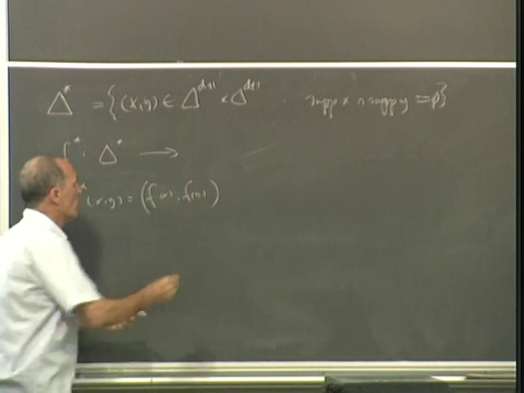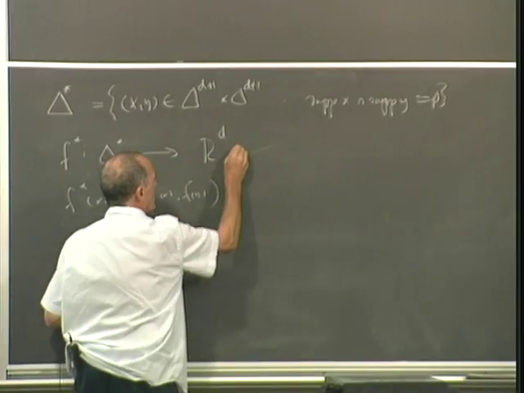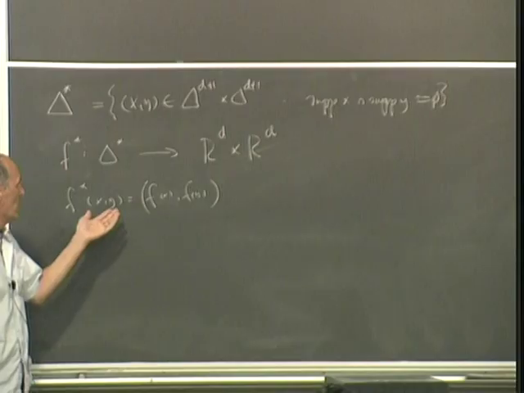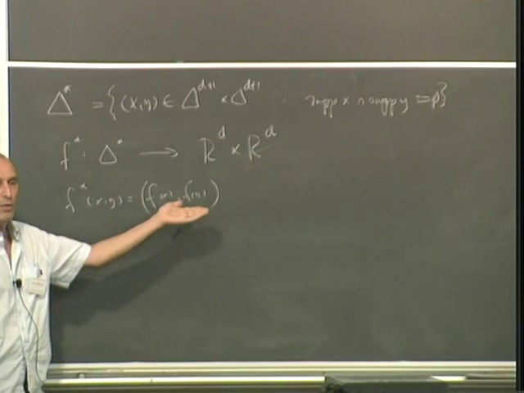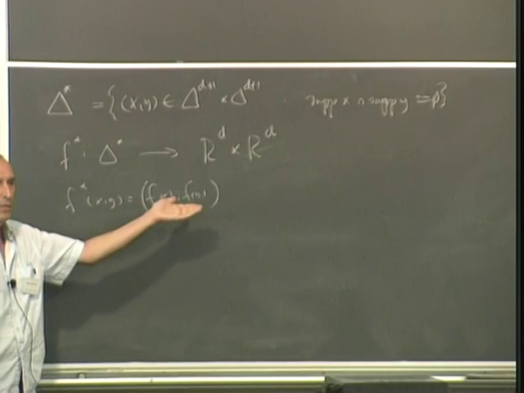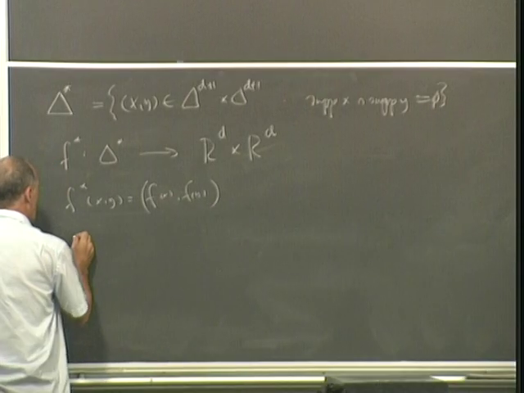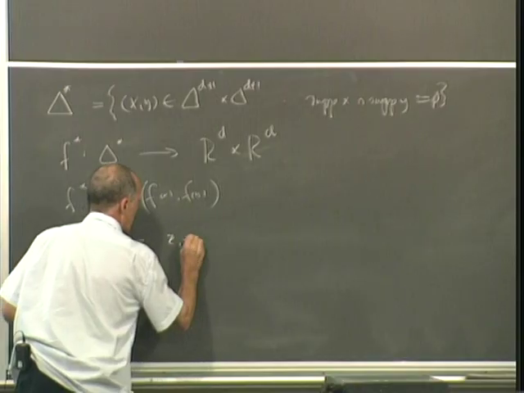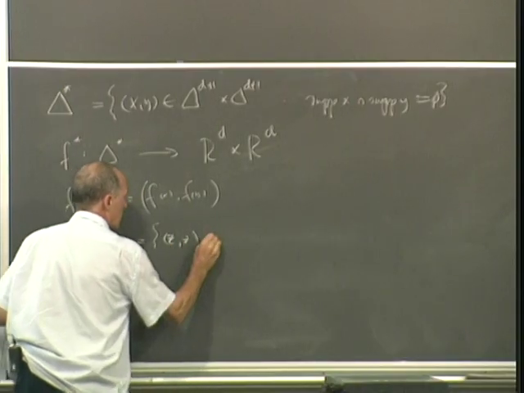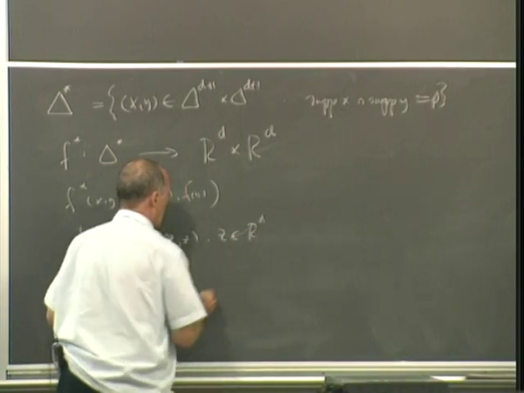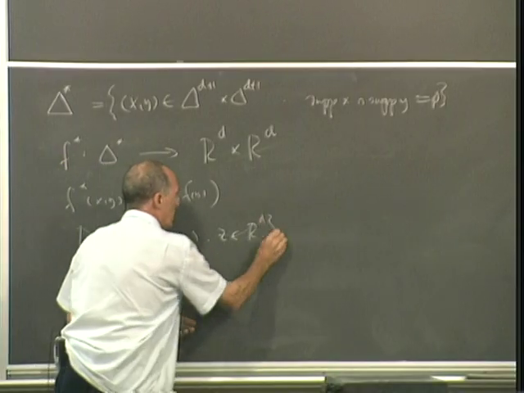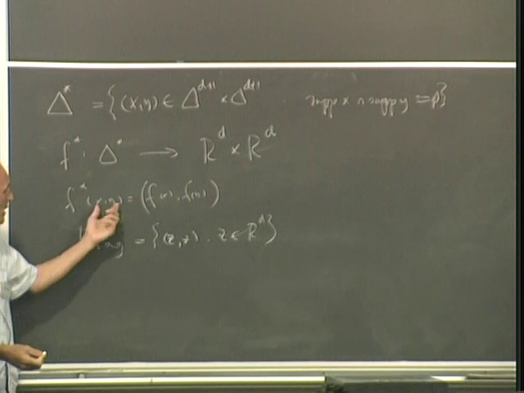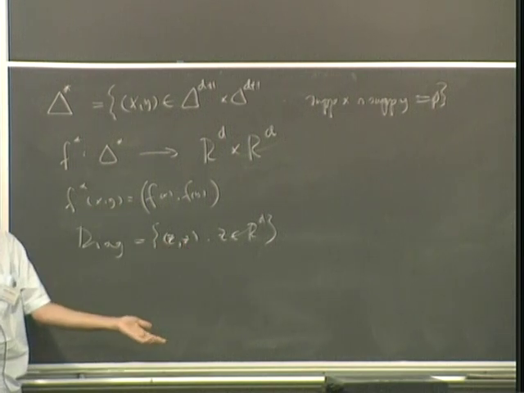So this mapping goes to R^d cross R^d. The only thing I want to show is that this mapping hits the diagonal. The diagonal is the set of pairs (z, z) with z from R^d. If it hits the diagonal, then I'm in business, because where f star of (x, y) equals (z, z), they are equal, and I'm there.